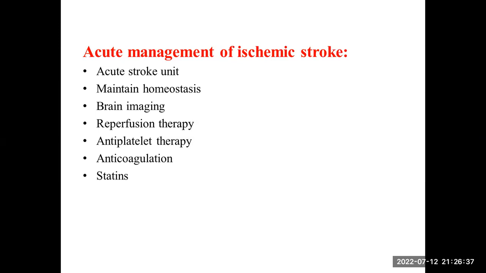Under these circumstances, then endovascular reperfusion can be done. But if the occlusion is distal, then you cannot do endovascular reperfusion. So reperfusion therapy can be either pharmacological reperfusion using thrombolytic therapy with tissue plasminogen activator, or it can be endovascular reperfusion either with endovascular intra-arterial thrombolysis or endovascular mechanical thrombectomy.